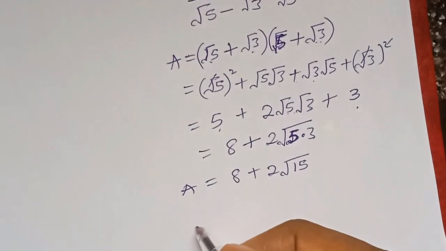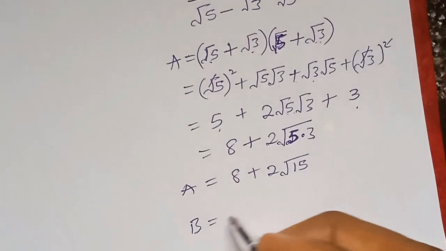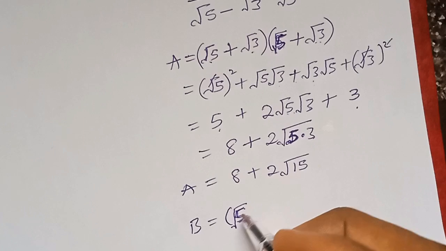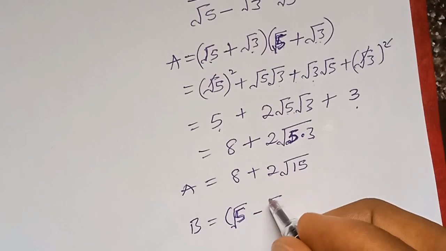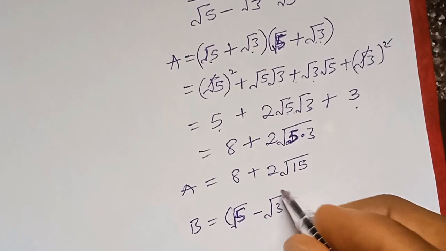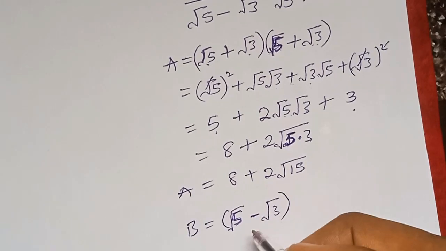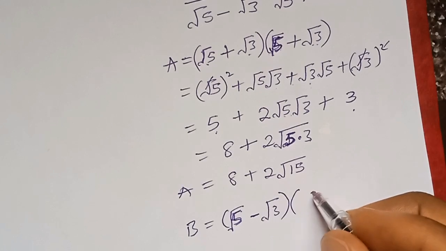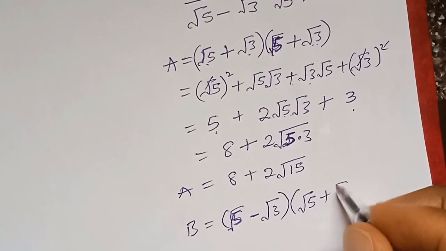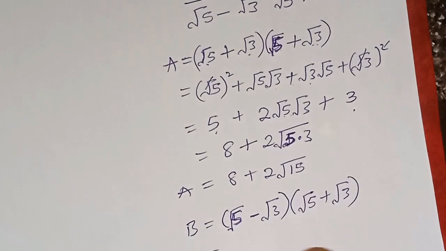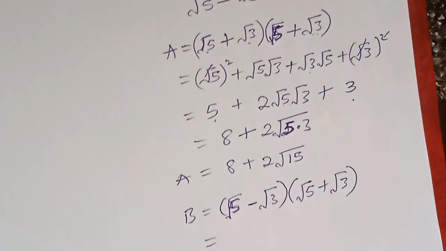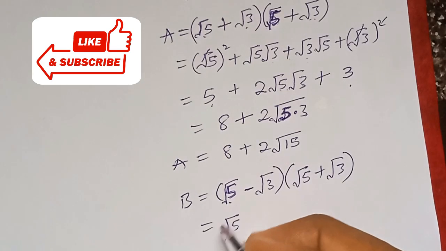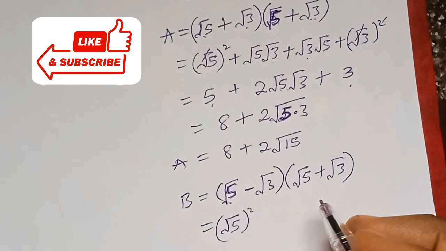Then we simplify B as well. So we have B to be square root of 5 into bracket, minus square root of 3, open the bracket, square root of 5 plus square root of 3. This will be equal to this multiplied by this. We have square root of 5 raised to power 2.